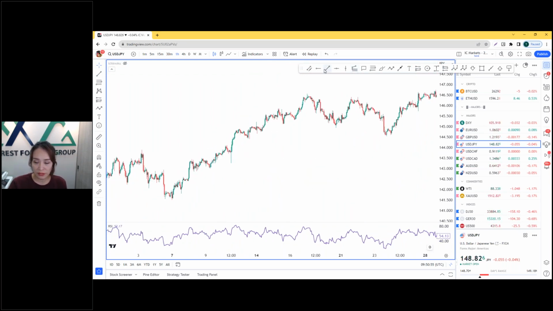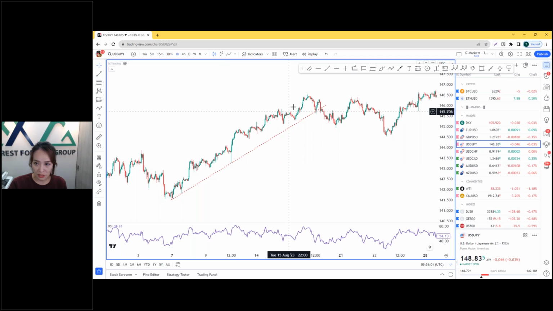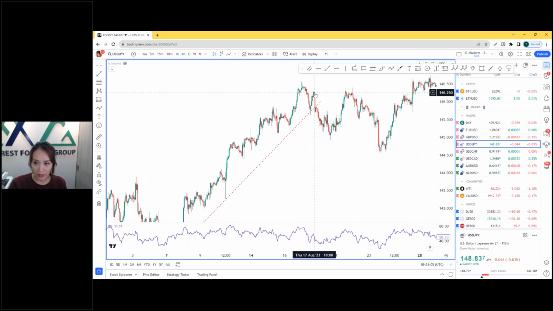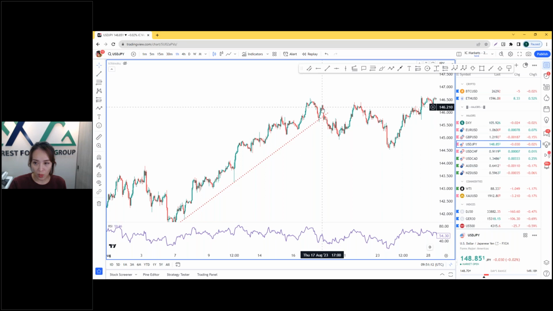For example, here I draw the trend line, I can draw at the body or the wick. You can say 1, 2, 3 price touches, and then the fourth time, if you want to buy from here, you can buy, but then you have to exit quite fast, because price is already quite high at this point, and because this is already resistance, right? And then price comes down here and bounces off.